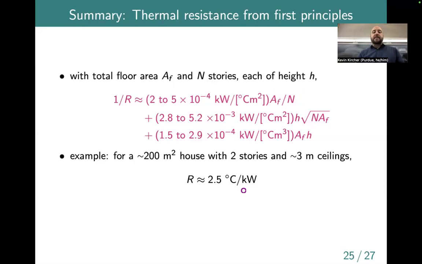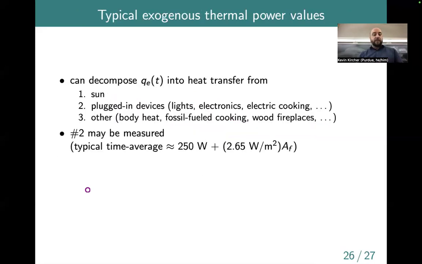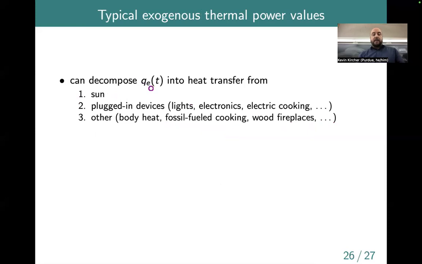All right, so the last thing that shows up in the thermal circuit model that we wrote down: we have an R parameter, we have a C parameter, and then we have a time series that we call QE, which I call the exogenous thermal power, but you could also call it the internal heat gains, or a disturbance term, basically the thing in the equations that we can't control. QE can be decomposed into 3 parts.